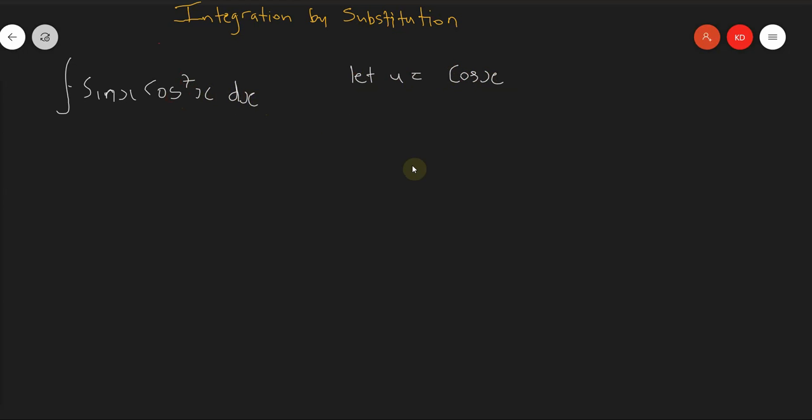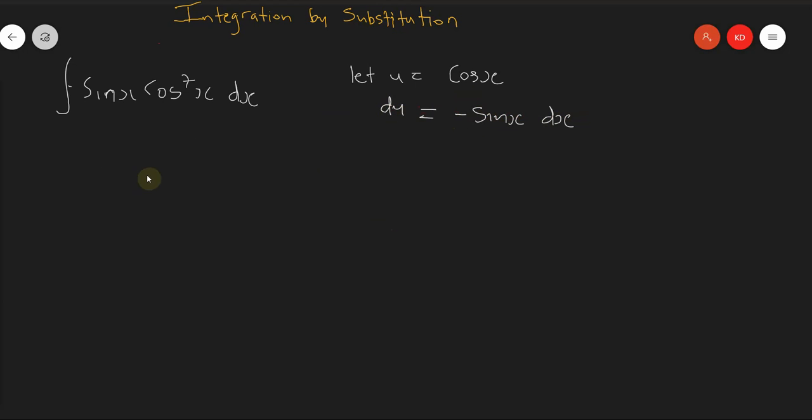Okay, now, and of course you can see where this is heading. Let's just find du immediately. So du would be negative sine x dx, right?